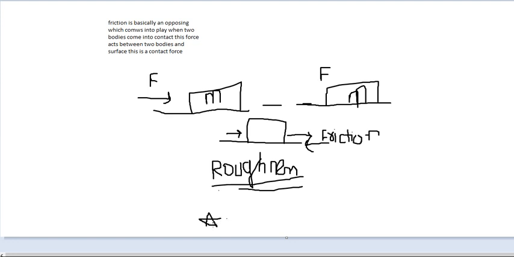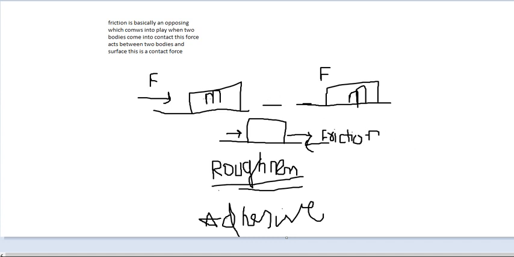Due to adhesive force as well, right. So we'll discuss these points one by one, and everything will be clear.